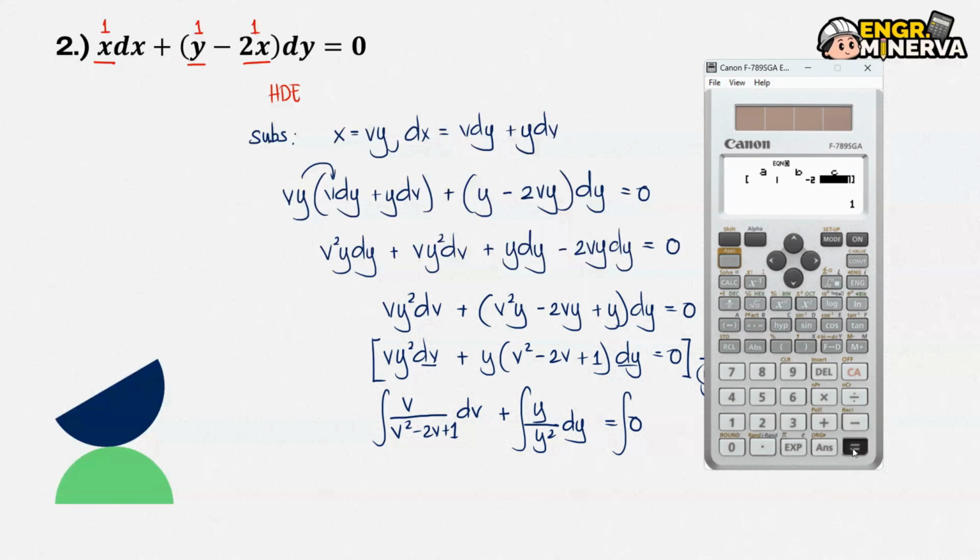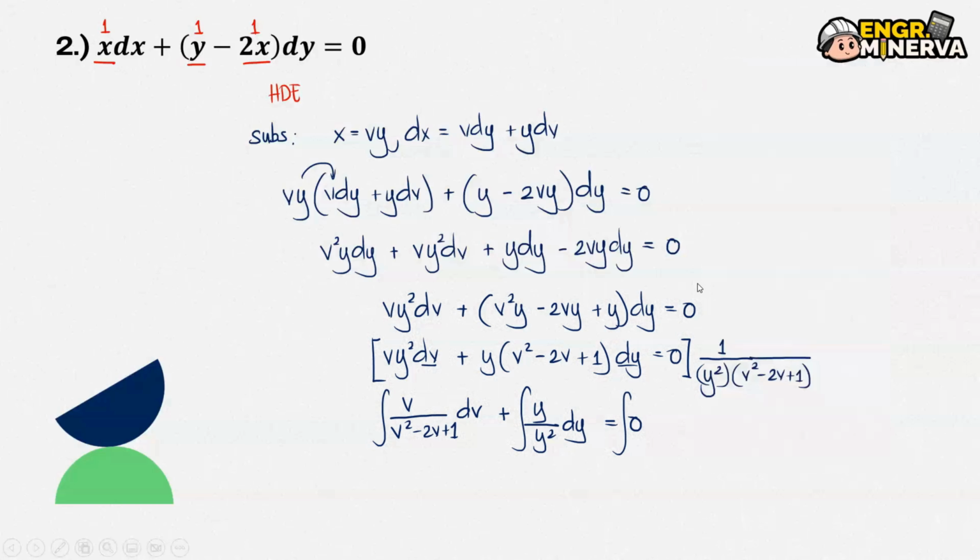So the factors are actually v minus 1, quantity squared, dv, plus, okay, this would be dy over y equals integral of 0.